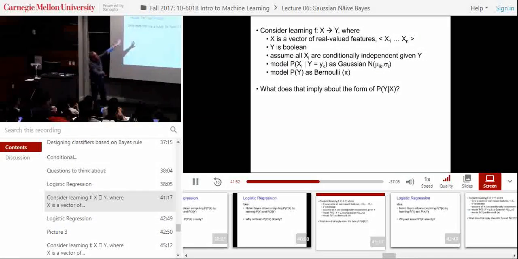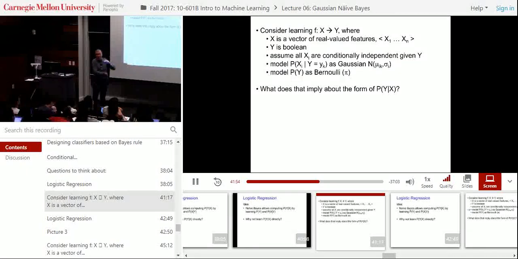X is a vector of real valued features in Gaussian naive Bayes. Y is a Boolean valued thing, let's say. It's at least discrete valued. Let's consider the simpler case where it just has 2 possible y values. We assume in Gaussian naive Bayes that all the x sub i's are conditionally independent given y.